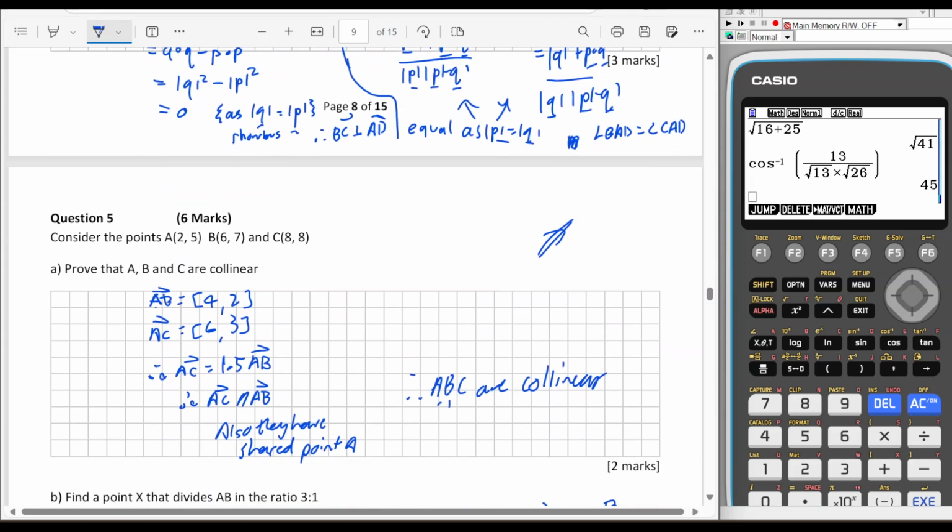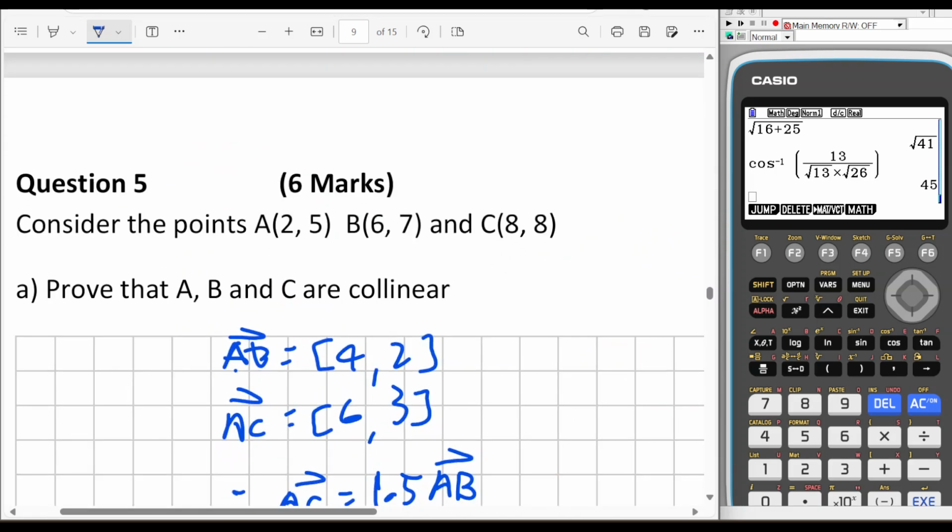So if you think about how we get a vector like AB, it's 2 up to 6. How do I get from 2 up to 6? You can think of this 4 as being like 6 minus 2, and you can think of the 2 here as being 7 minus 5.